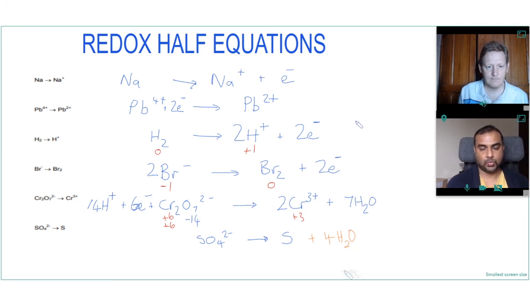So because water is neutral, that means you must have had 8 H plus ions to start off with on the left-hand side, with that same logic. So what did you have? You have 8 pluses, 2 minuses, and complete neutrals there.